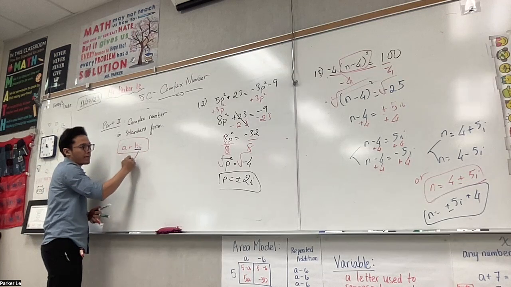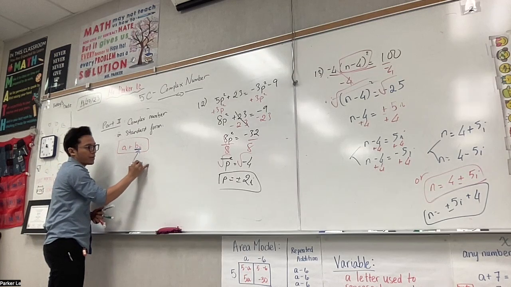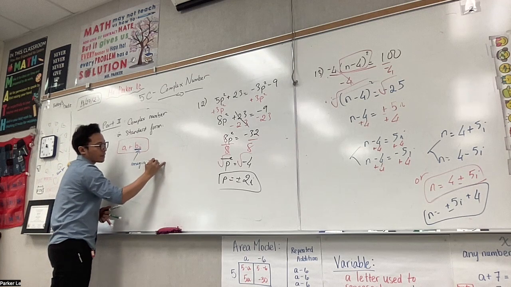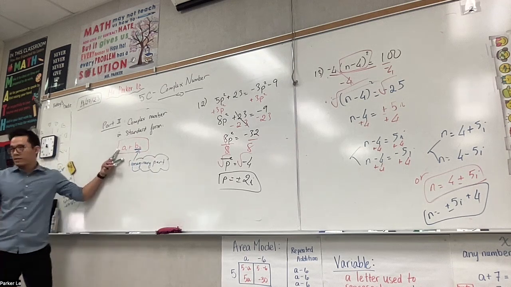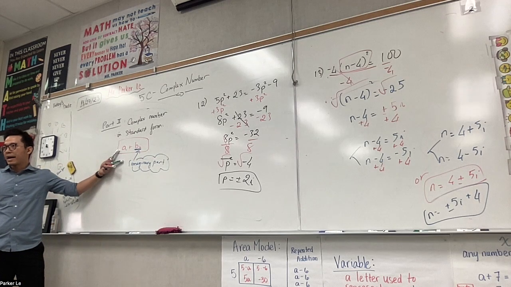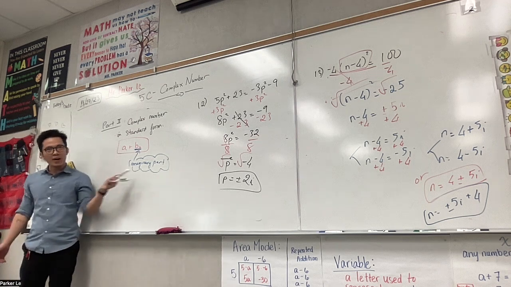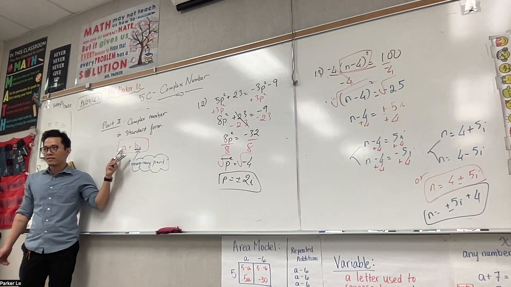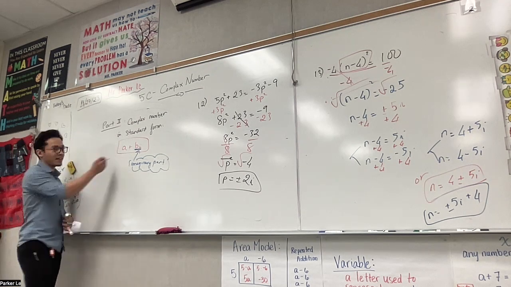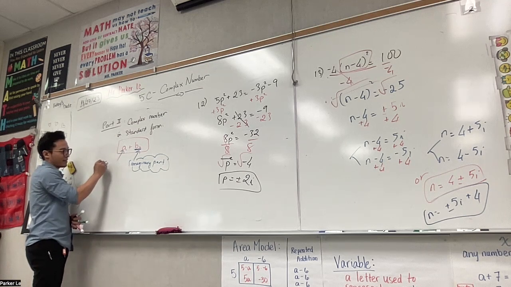So this whole bi they call the imaginary part. So this is the imaginary part. Okay. Now a, what is a called? a doesn't have i. So what part is this? Oh, it is constant, but in this same concept, imaginary part. What is this part? Real part. Yeah. Real part.